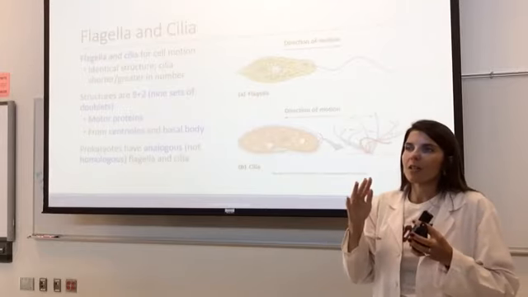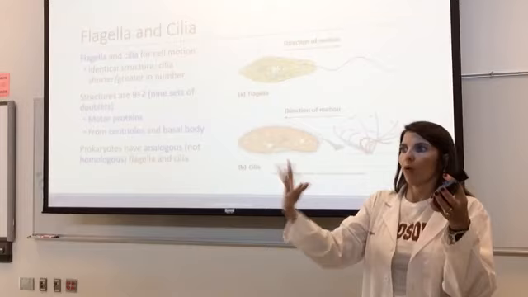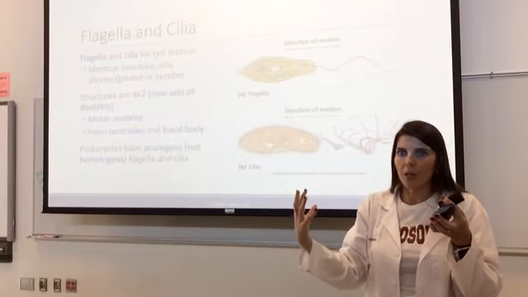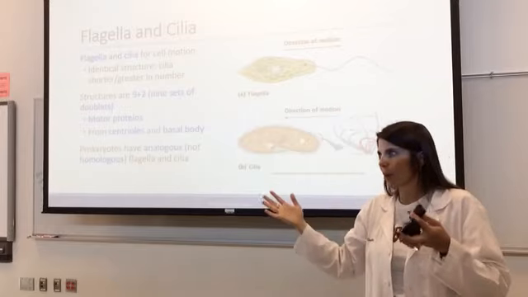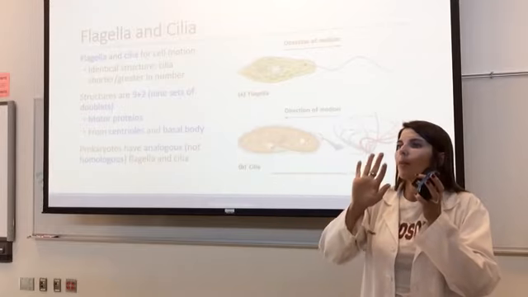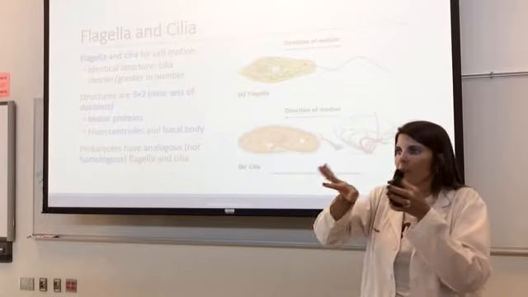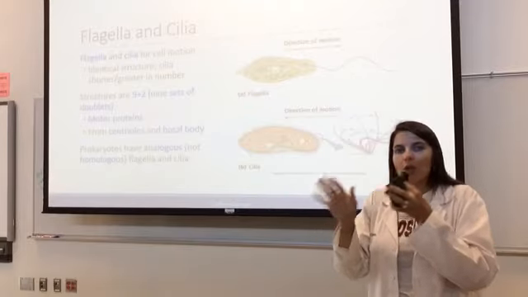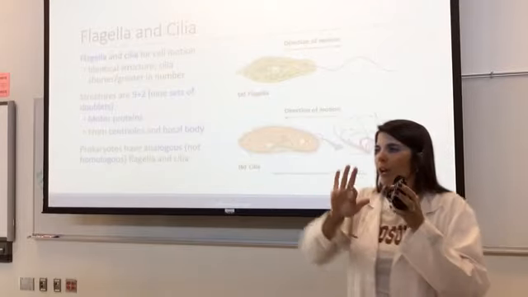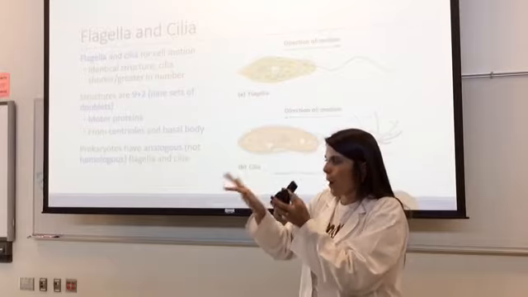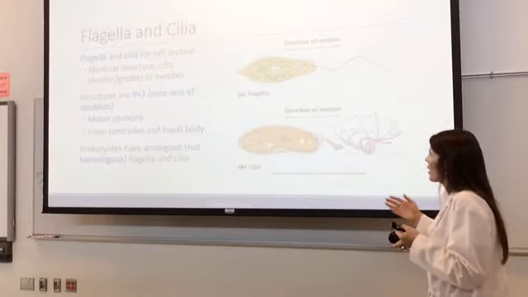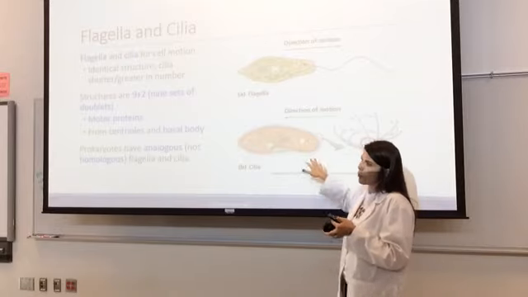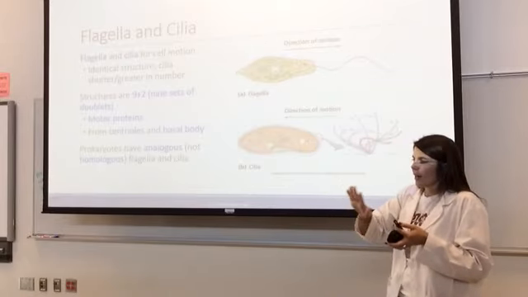Cilia cannot just randomly move, because what direction would that cell go? Nowhere, because it would have some going to the right, some going to the left. Cilia move in a very synchronized manner, so that if things need to move in one direction, all the cilia go in that way, to help that cell move. So cilia is used for very local movement in an area.